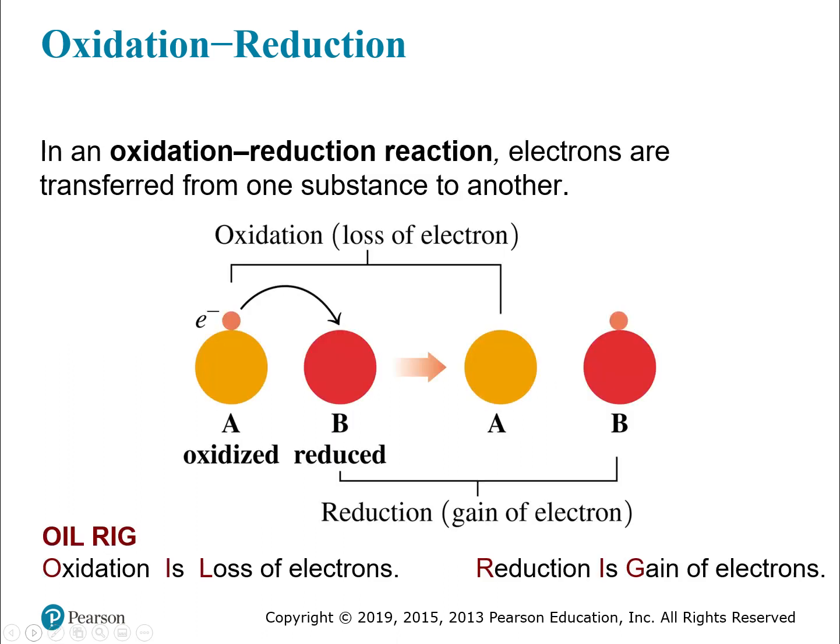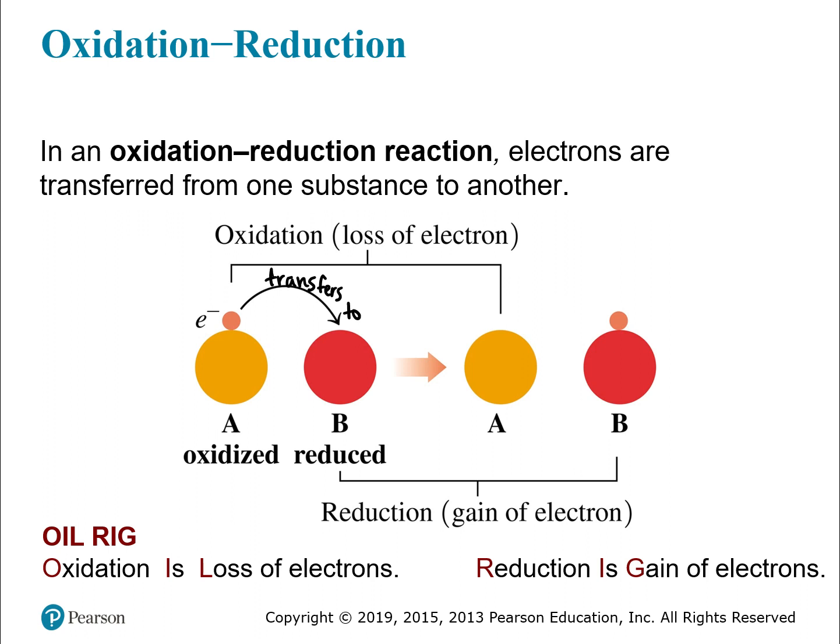What happens in redox reactions is that you're transferring electrons from one substance to another. If A has an electron and it transfers that electron over to B, then that means that B is going to receive an electron and be reduced.